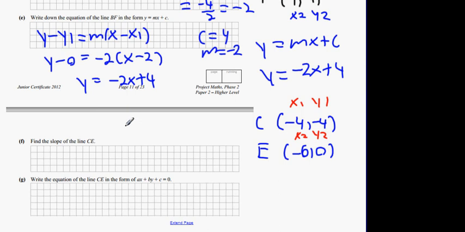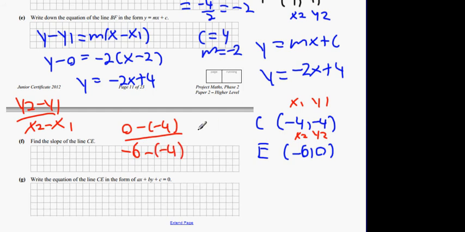Same as last time, it's going to be 0 minus minus 4, because remember the slope formula is y2 minus y1 all over x2 minus x1. And what's that going to be divided by? Minus 6 minus minus 4. And we're going to end up with 4 over minus 2. And what's the slope of CE? Also minus 2.